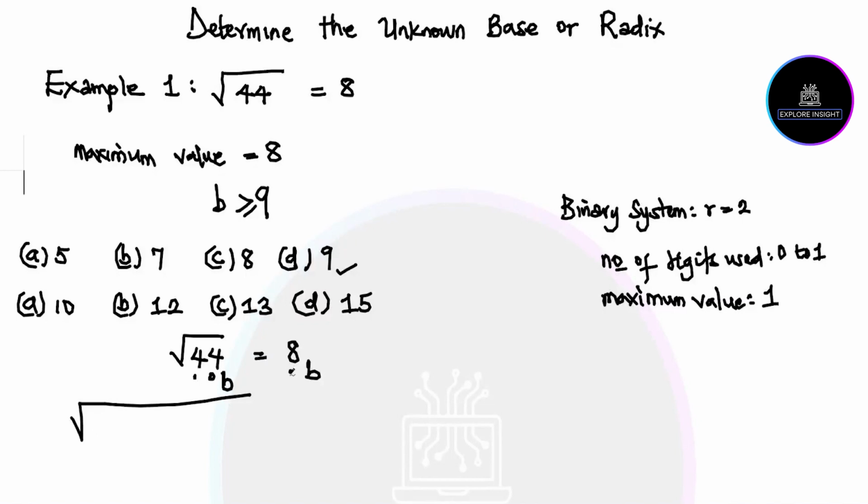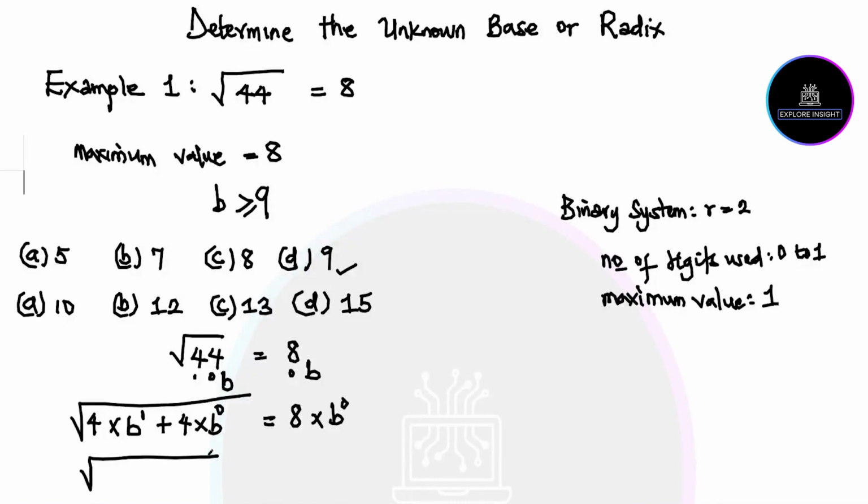Going through the multiplication, to sum it up, we'll say 4 times B raised to power 1, plus 4 times B raised to power 0, equals 8 times B raised to power 0.